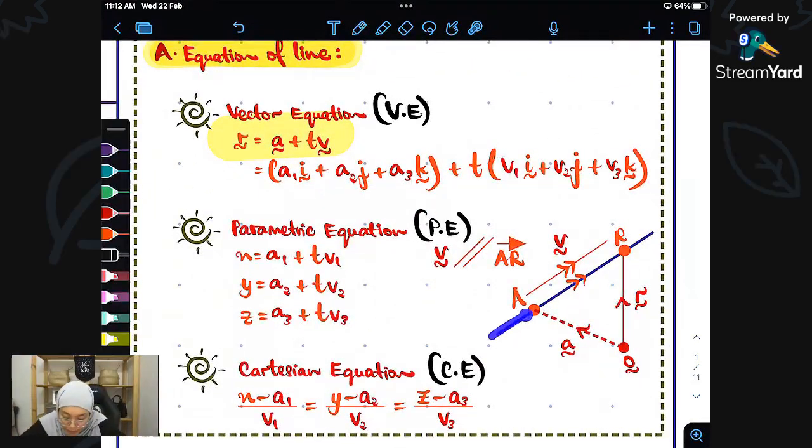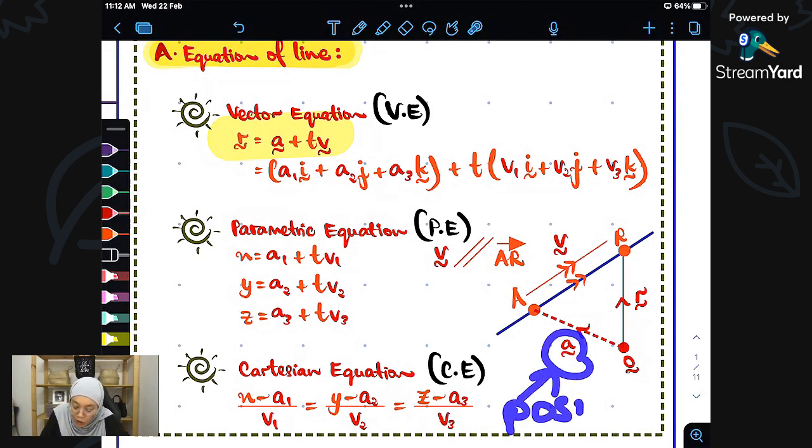Okay, so basically this blue line is our equation of line. Okay, this is the line where the line consists of 2 points. Sometimes they will give only 1 point and then with a vector, and so it's easier to find the equation of line. But let me tell you, the most important thing about this equation of line is the A vector, which is the position vector, ini kita panggil dia sebagai position vector, di mana position vector ini mempunyai a point A. Okay, this point A is of course from the origin.